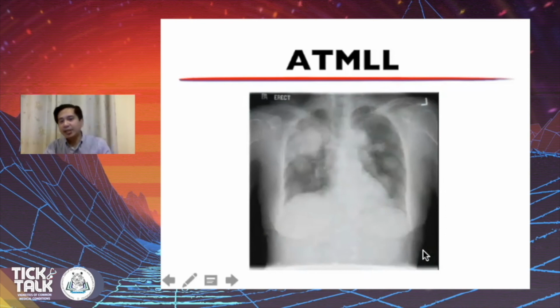Other examples here, if we go to the lung lesion straight, you can see cannonball lesions. This is metastatic, very common for metastatic lung diseases. This may be a primary tumor spreading to the other parts of the lungs.